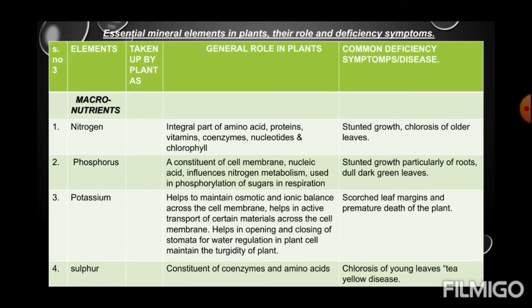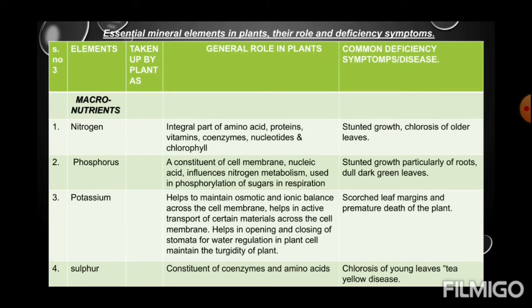Potassium. Again, potassium is a very important element and it can be taken up as potassium ions. Children, it helps in the electrical, osmotic and anion-cation balances across the cell membrane. This is very important, and you have studied in class 10th the potassium ion concentration theory for the opening and closing of stomata.